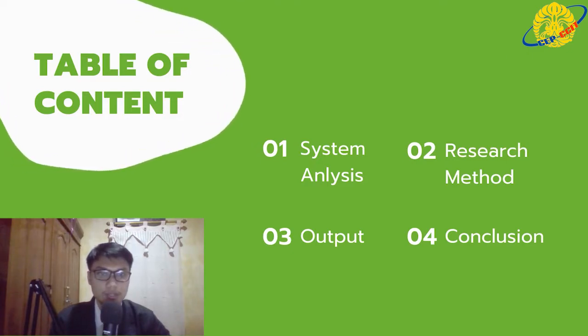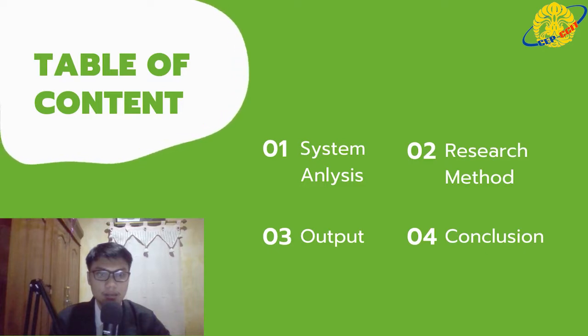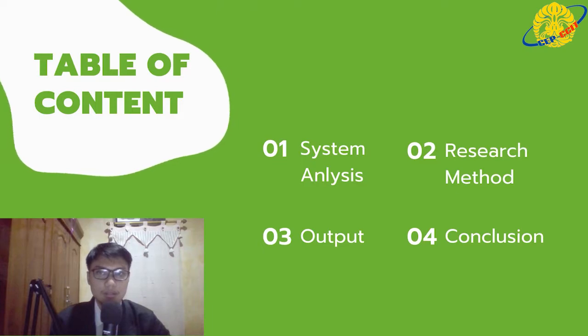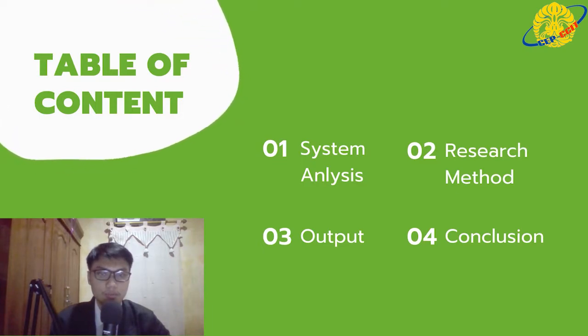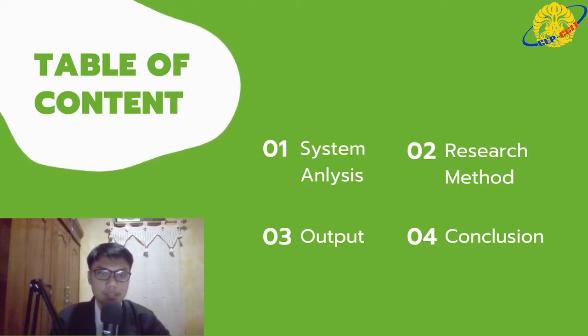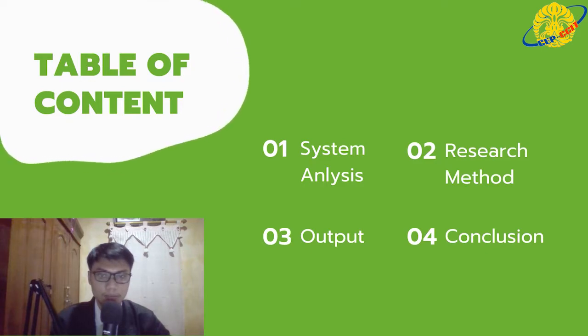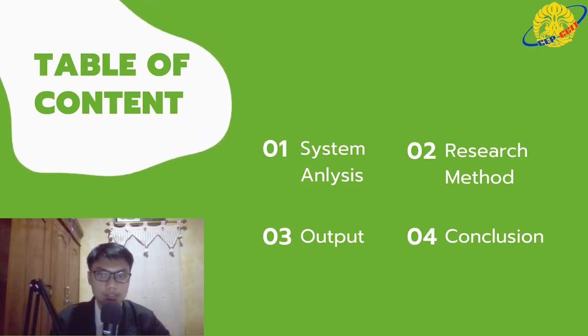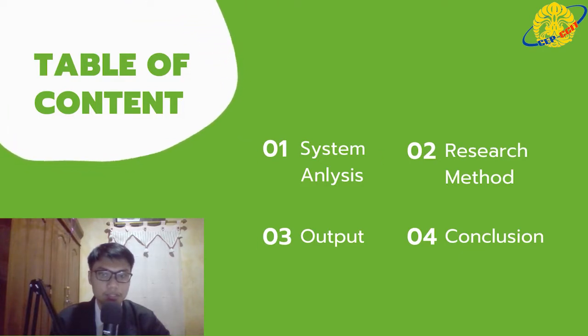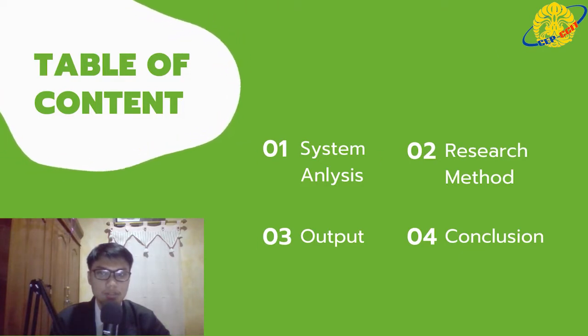First is the introduction, where I introduce the journal that we use as a reference. Next is the method that the journal reviews, then the output of the implementation, and the last one is the conclusion.